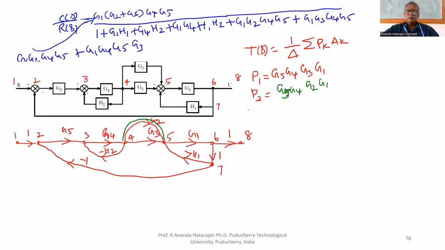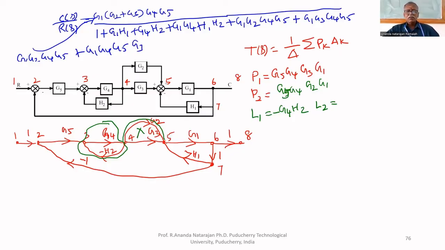Then we have to find the delta. To find delta, we need the loops. L1, the first loop, is this, minus G4, H2. Another loop, L2 equal to. This is not a loop, because the direction is not in favor of travel.